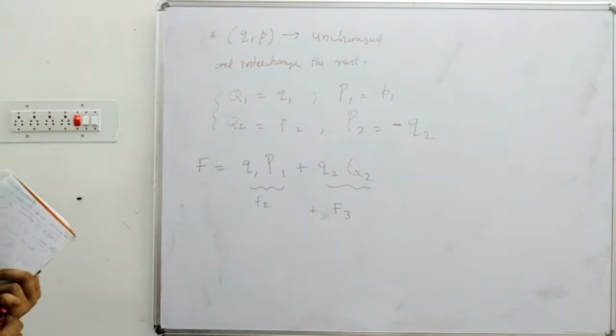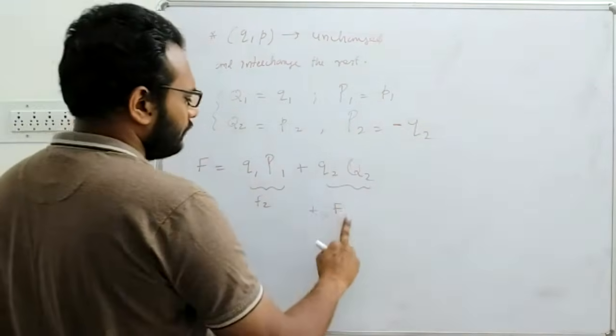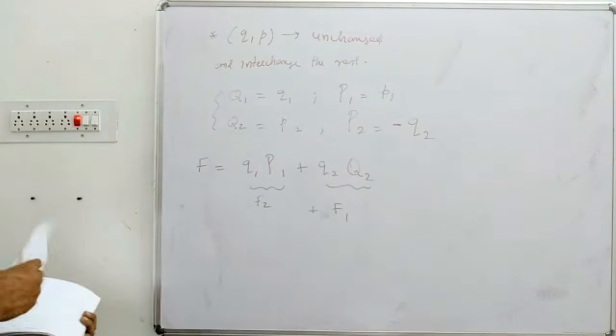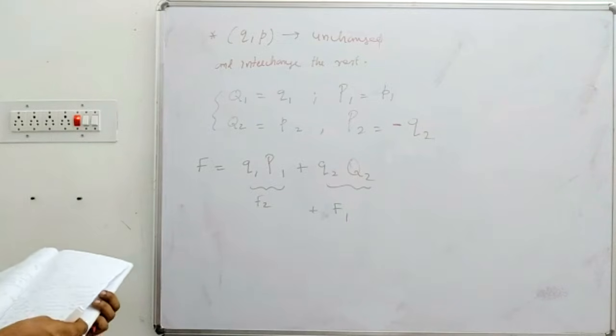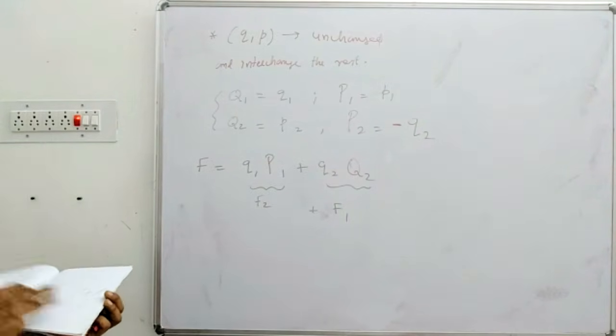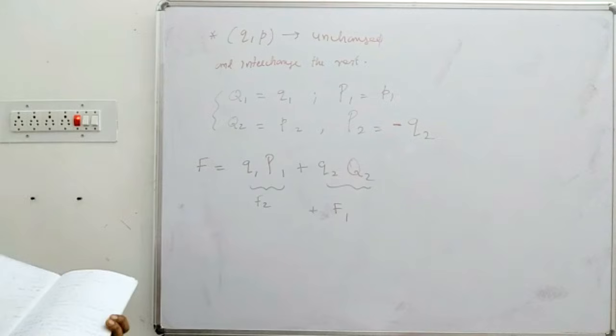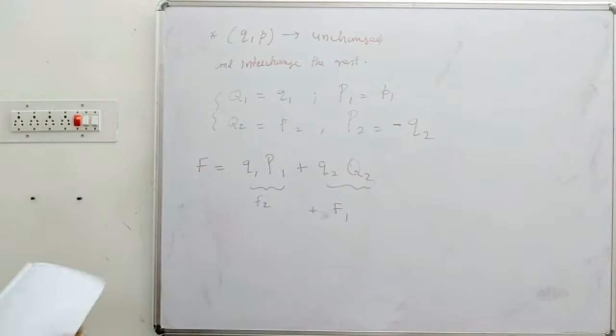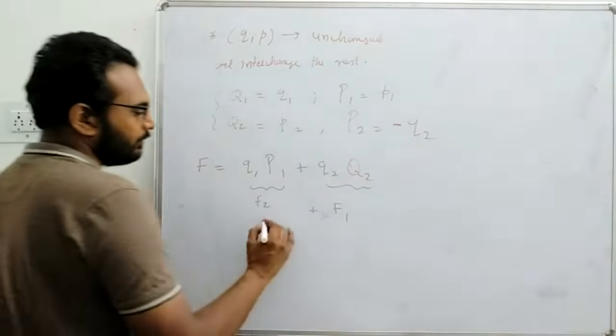Oh, no, no, no. This is not F3, right? This is F1, I think. So what we have here is a combination of F2 and F1. Yeah, it's a combination of F1 and F2 types of transformation.